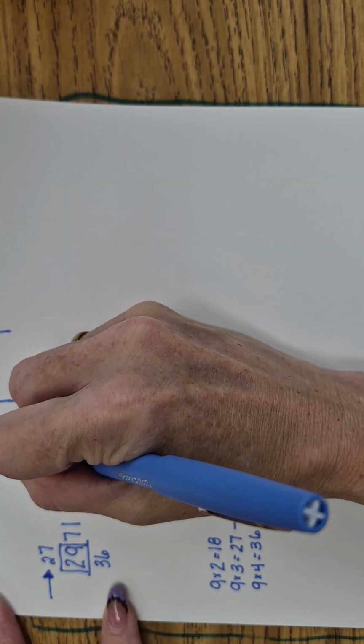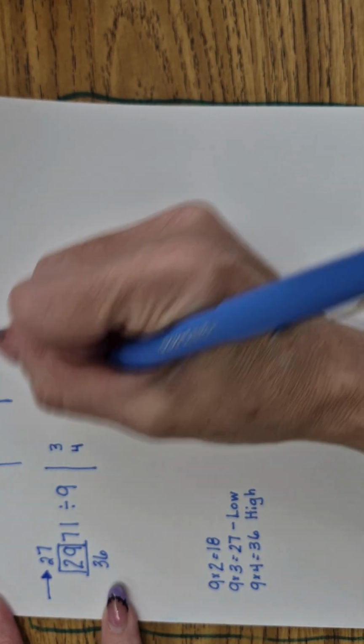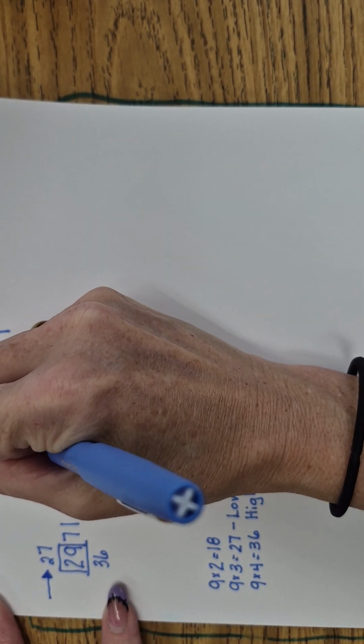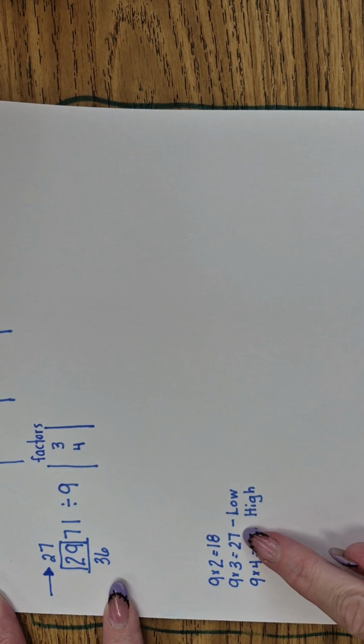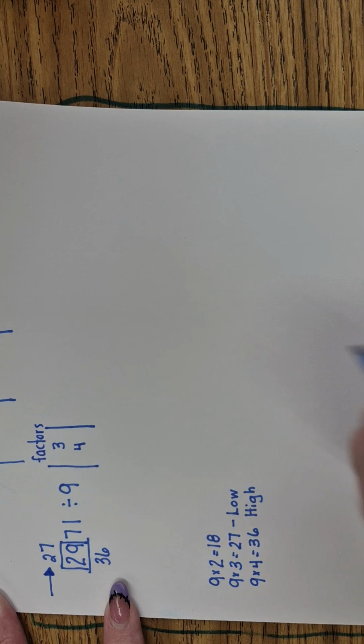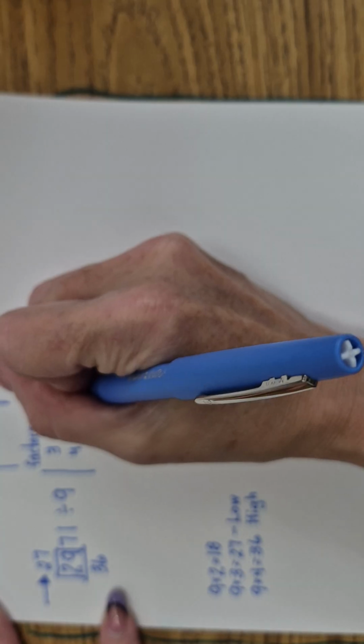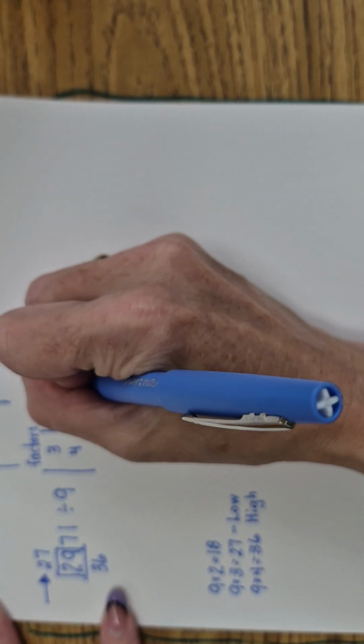That is 3 and 4 are my factors that I'm using. That is what I multiplied times 3 to make those compatible numbers. There are 2 place values outside, so that is 2 zeros when it comes to 10 or 100.